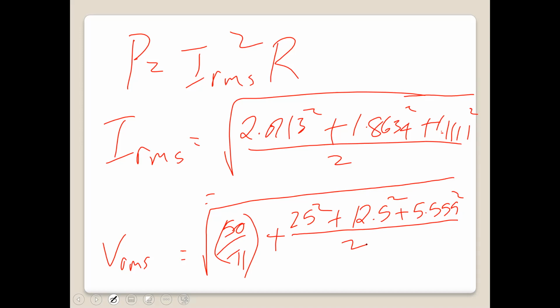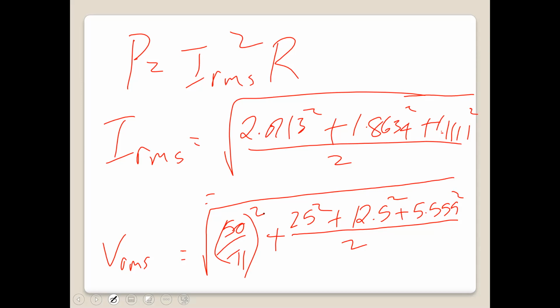So you square those, add them, divide by 2, and then you add it to the 50 over pi all squared. Remember, the reason we are dividing by 2 is because the 25 would have been over root 2, the 12.5 would have been over root 2, similar to the 5.55. And so once we have these, then the rest of the question can be completed, which is what you're going to do on your own.